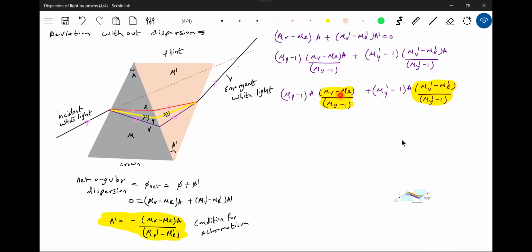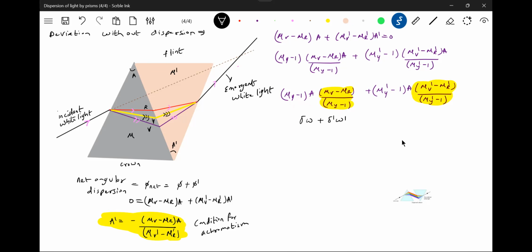This will be angular dispersion by mean deviation will become dispersive power. And this is the mean deviation for the crown prism, mean deviation for the flint prism. So therefore this will become delta mean deviation. The deviations are called mean deviation omega delta dash omega dash.